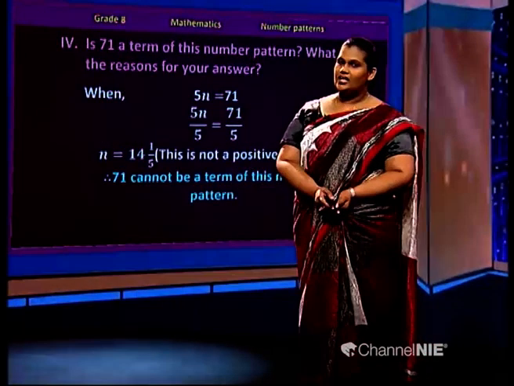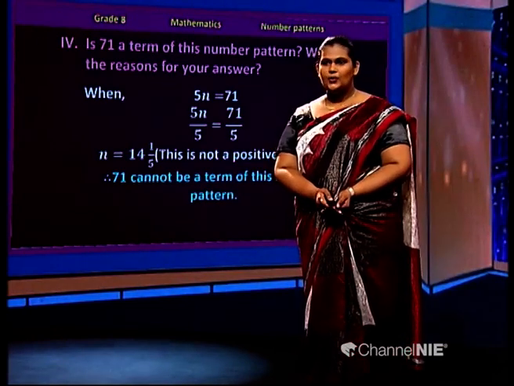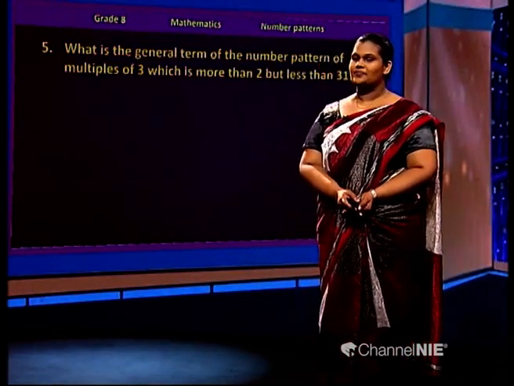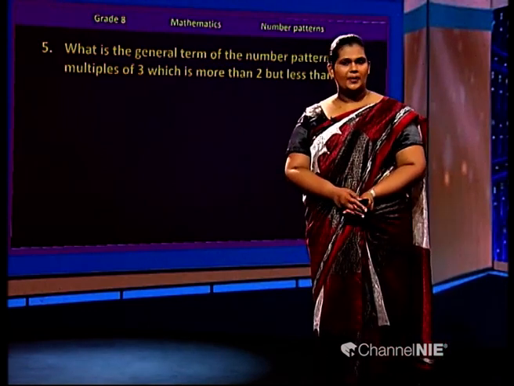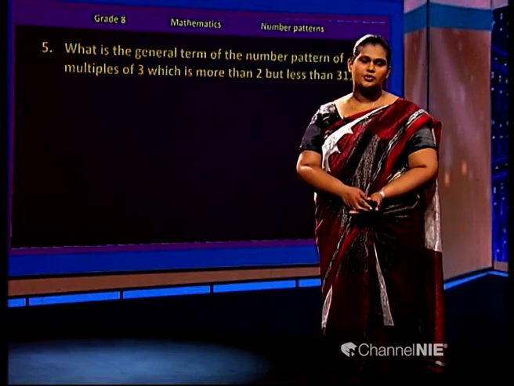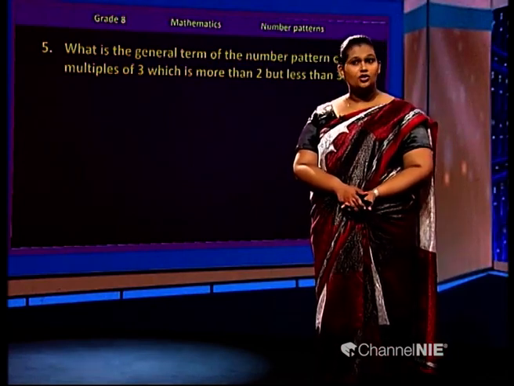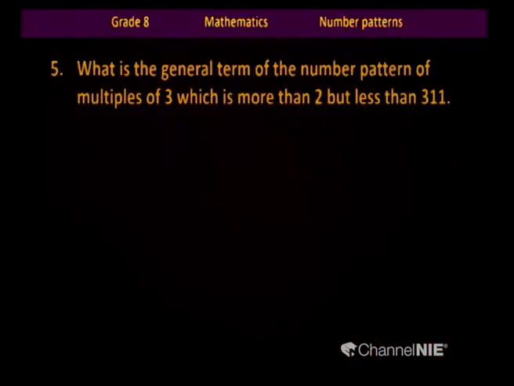Right, that is the end of that question. We will move on to another question. What is the general term of the number pattern of multiples of 3 which is more than 2 but less than 311? I will read it once again.